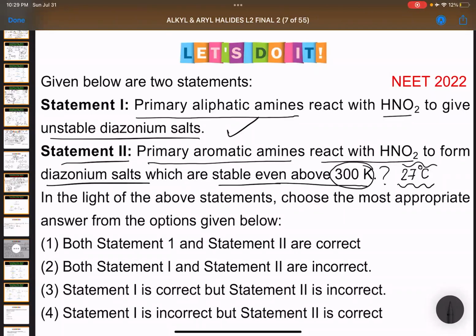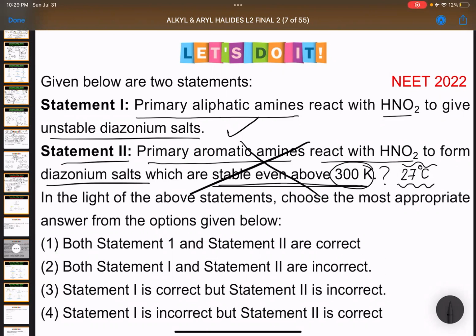Statement 2 was correct. Just its last portion, just one temperature, was incorrect. And that will make this whole second statement incorrect. Okay. Even if a small portion is incorrect, the whole statement is incorrect.